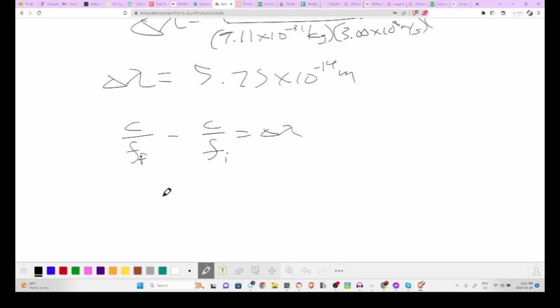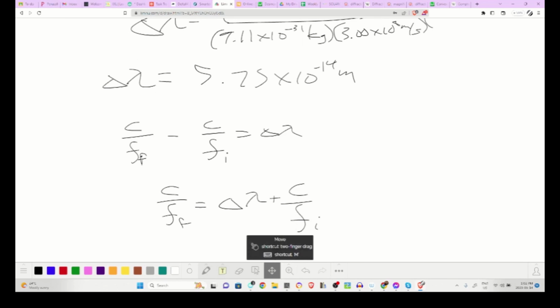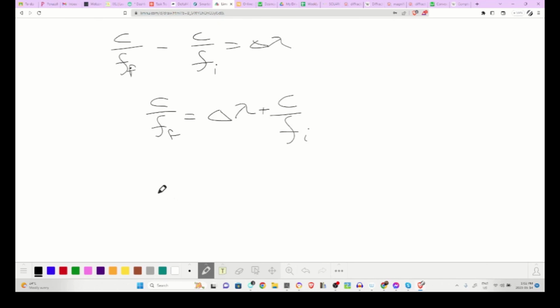So the final frequency we are asked for, we'd reciprocate this whole thing and then multiply by C. So we have a C in the denominator here. We don't have one there.